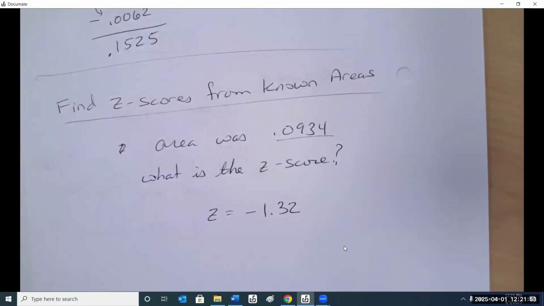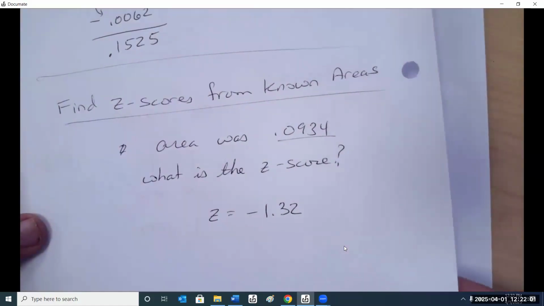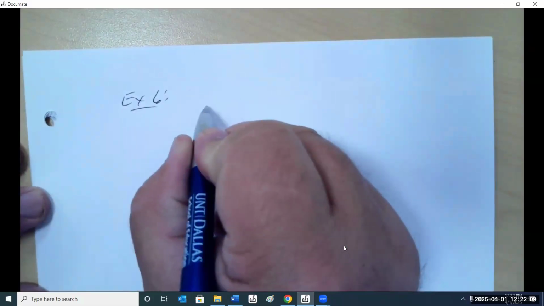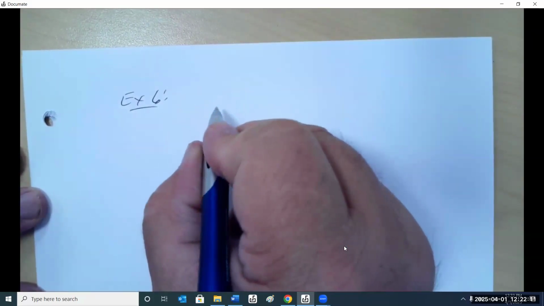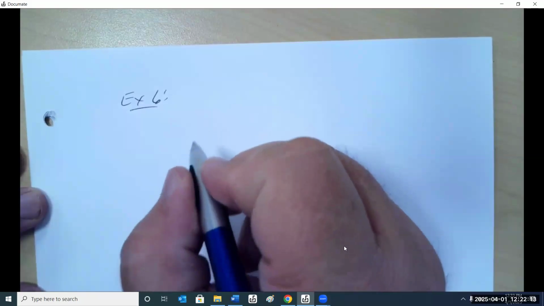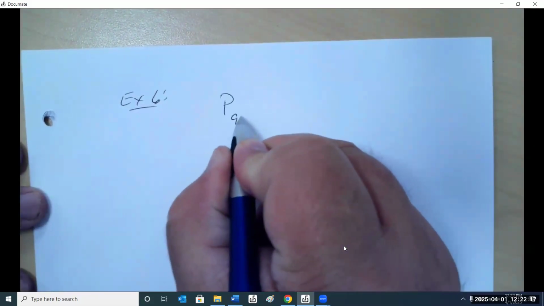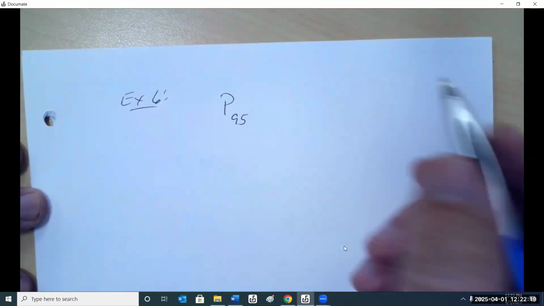There's bone density. One more. Find the bone density score that separates the bottom 95 percent, the probability of the 95th percentile.